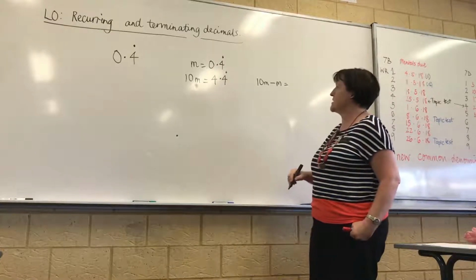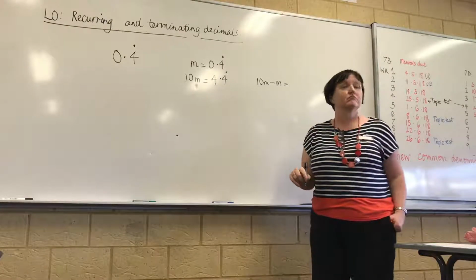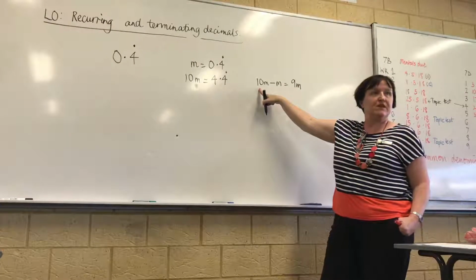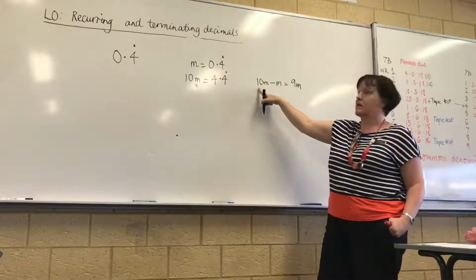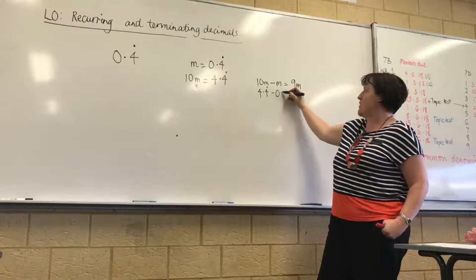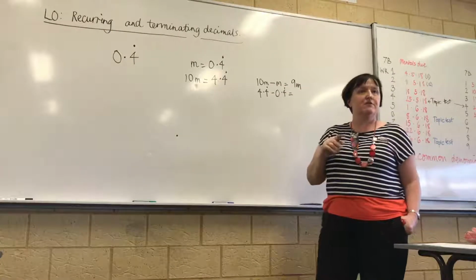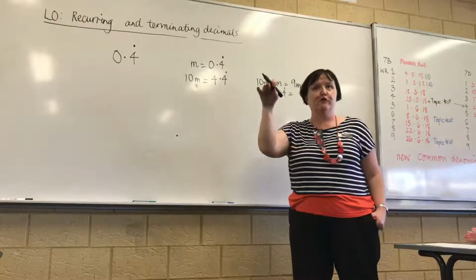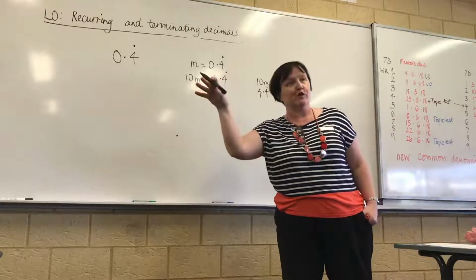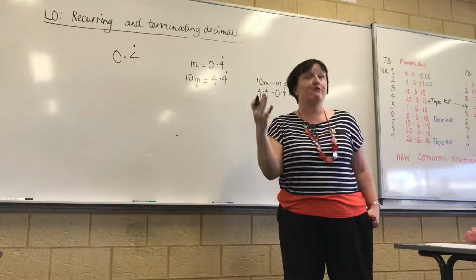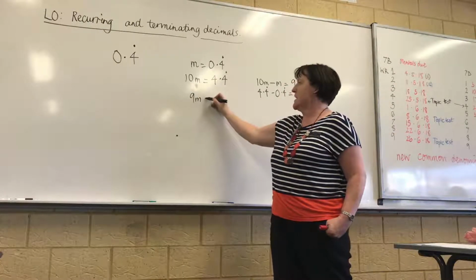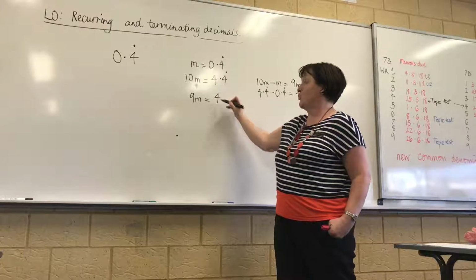What's 10m subtract m? 9m. What value do I need to put in for 10m? 4.4 recurring. m is 0.4 recurring. So if I do 4.4 take away 0.4, what am I left with? 4, exactly. So we know then that 9m is worth 4.